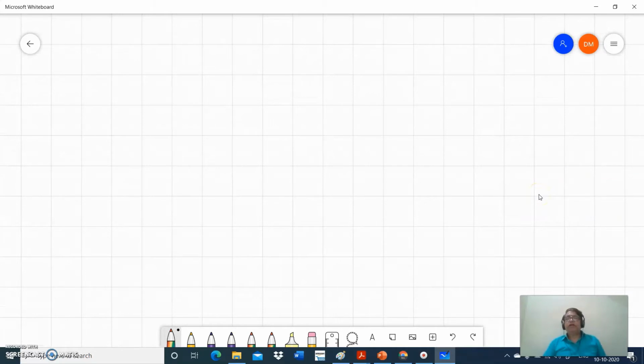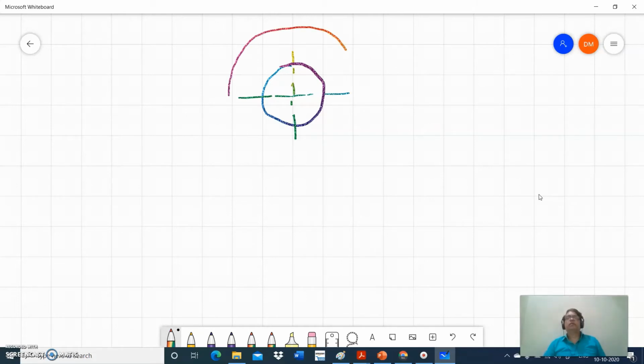I will take the center line. Assume that this is the shaft, right? And this is the hub portion, the mating part. So here, let us take the key of the shaft.